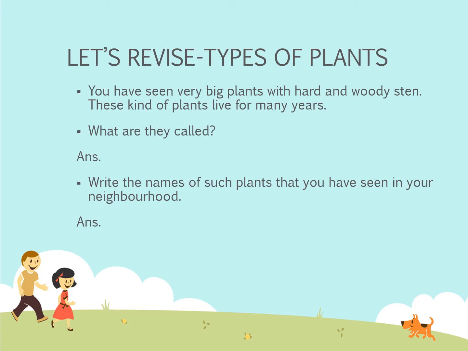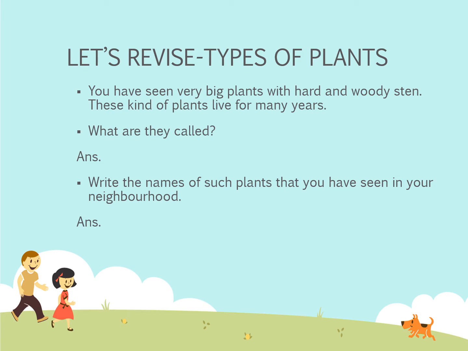So, let's revise, children, types of plants. You have seen very big plants with hard and woody stem. These kind of plants live for many years. What are they called? I am sure, children, you all know it.